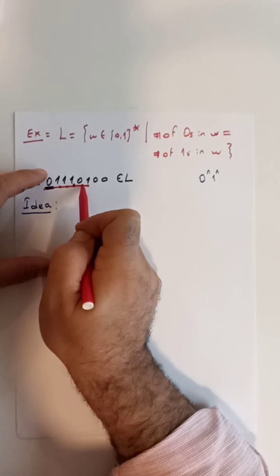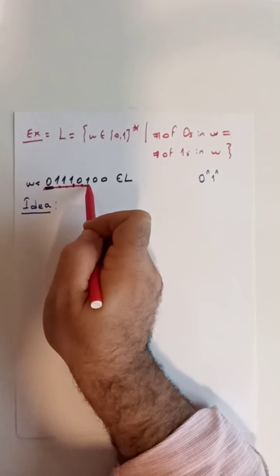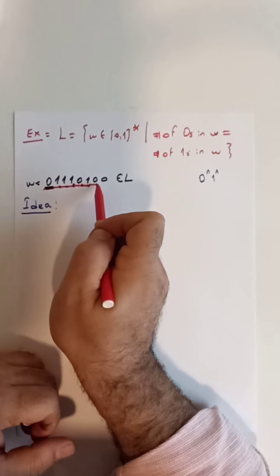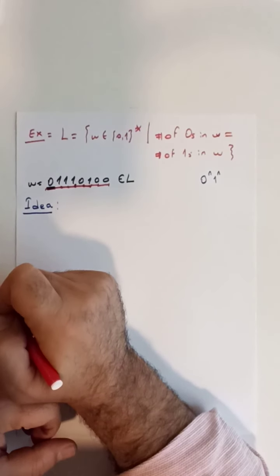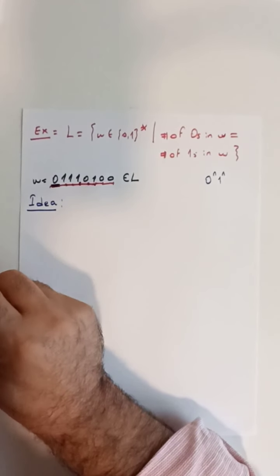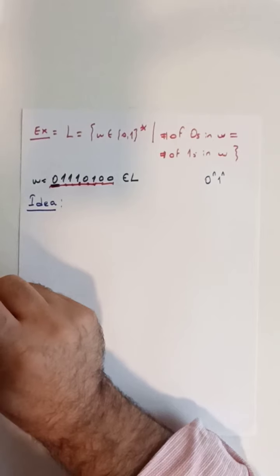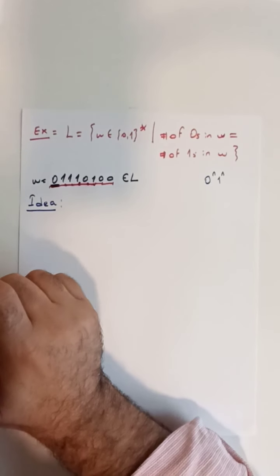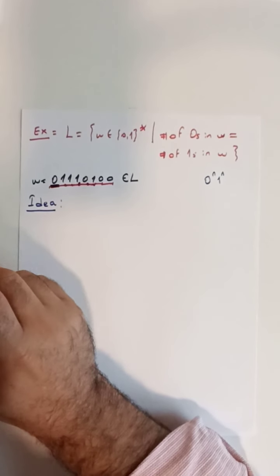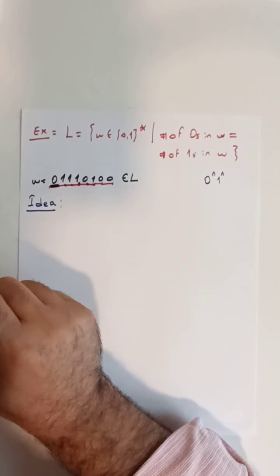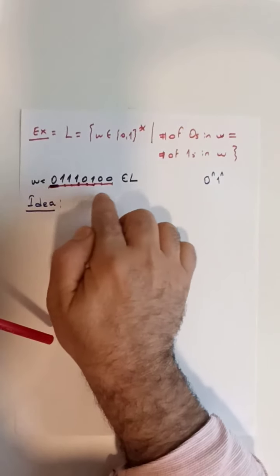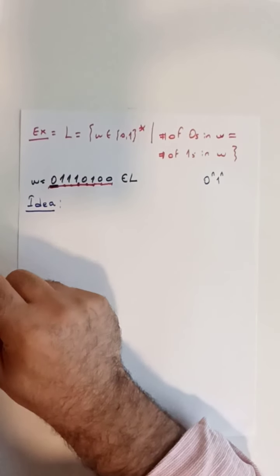At this point we want the stack to contain a single 1. At this point we want the stack to contain yet again 2 ones, then a single 1, and then nothing in the stack. So if we can somehow store in the stack the number of extra zeros or extra ones, whichever one is extra, it seems that we have a good idea to recognize such strings. So that will be the main idea.